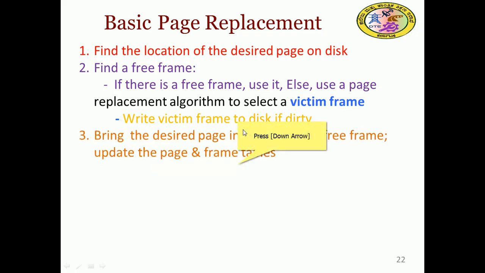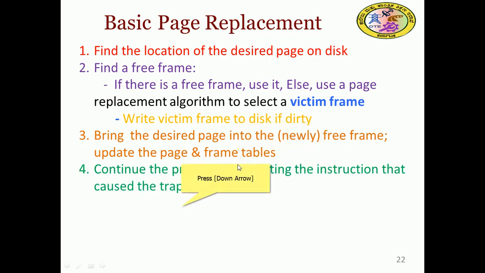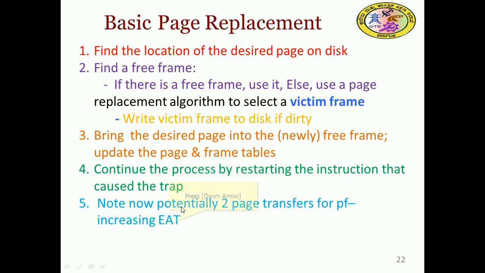Bring the desired page into the newly freed frame. Update the page and frame tables. Continue the process by restarting the instruction that caused the trap. Note: now potentially two page transfers for a page fault, increasing the effective access time.